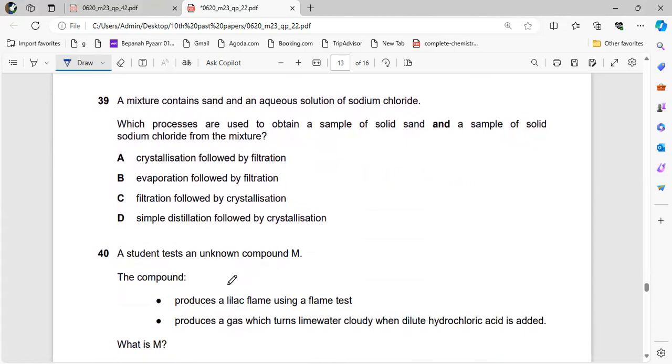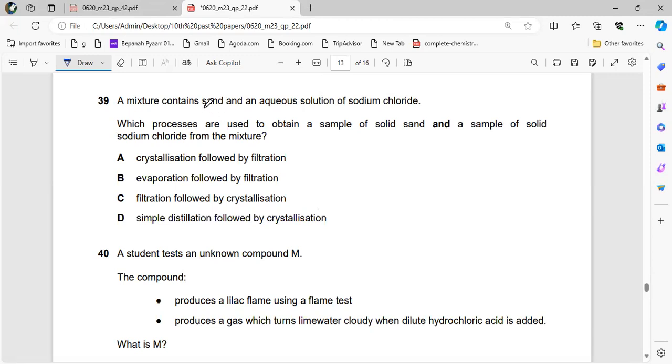A mixture contains sand and an aqueous solution of sodium chloride. Which processes are used to obtain a sample of solid sand and a sample of solid sodium chloride from the mixture? Crystallization followed by filtration, evaporation followed by filtration, filtration followed by crystallization, simple distillation followed by crystallization.